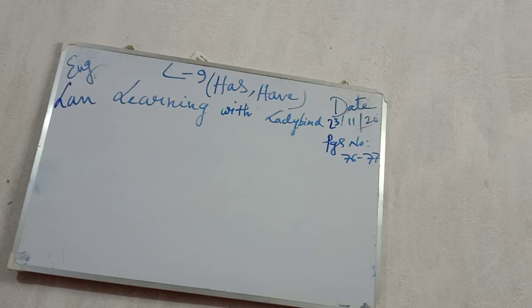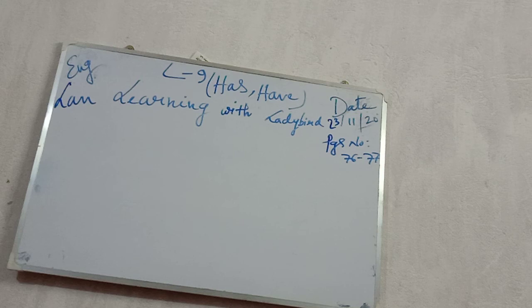Then with specific pronouns like you, we and they, we use have. We have, you have, they have a big garden. While expressing negative ideas, we make the structure like this: we, you, they do not have a garden.